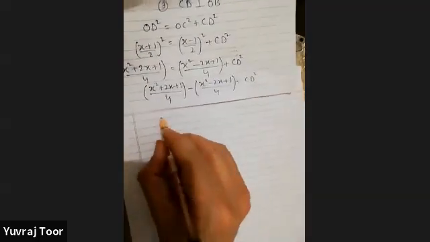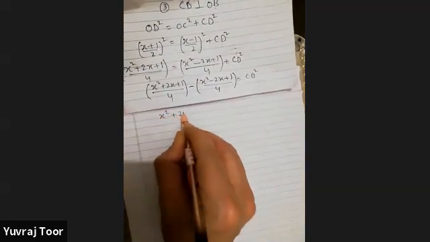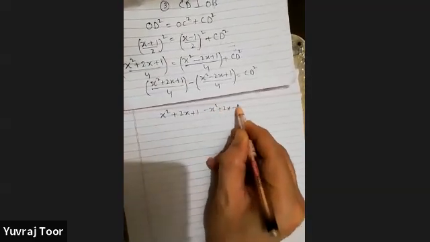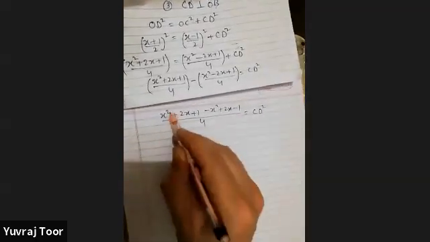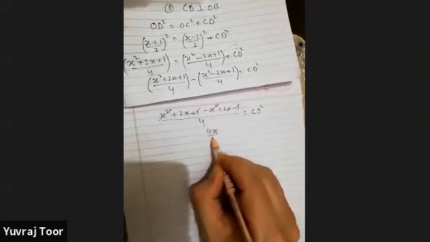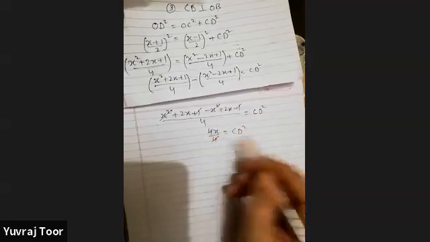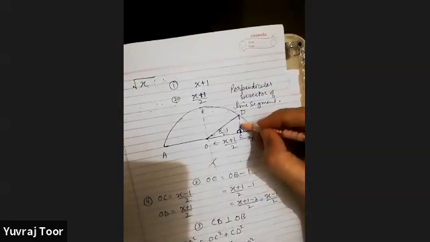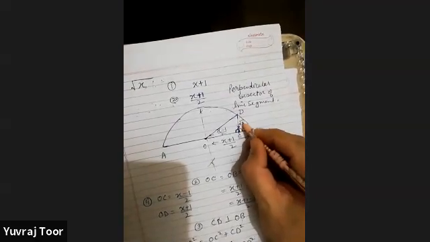I'll take it on screen again. x square plus 2x plus 1 minus x square plus 2x minus 1 upon 4 is CD square. x square cancels with x square. 1 cancels with 1. 4x upon 4 is CD square. Under root. So what is CD? This length is equal to square root of x, which I wanted to draw.